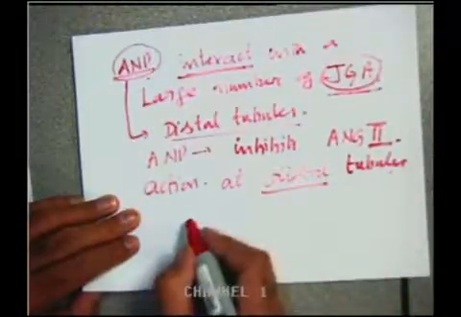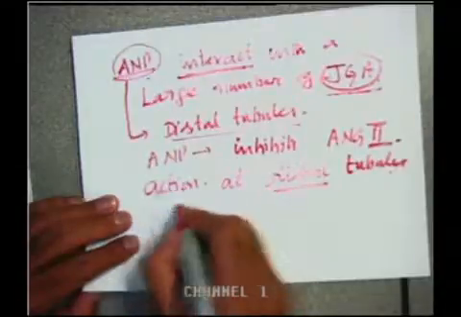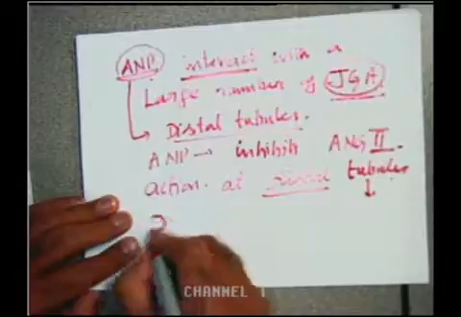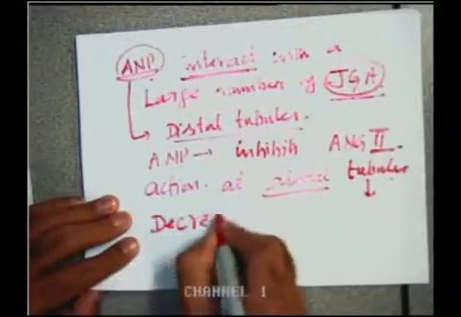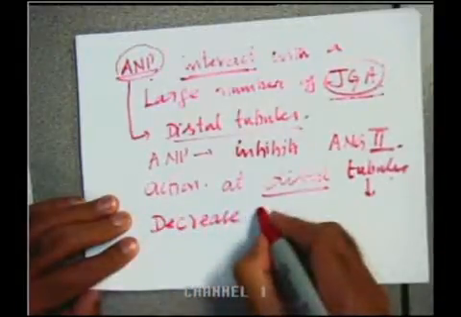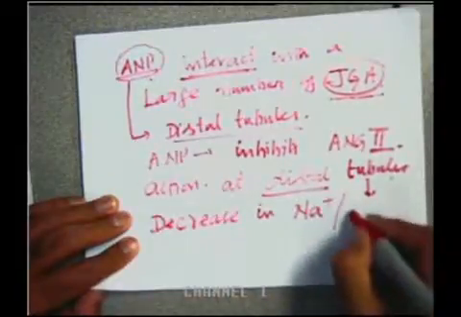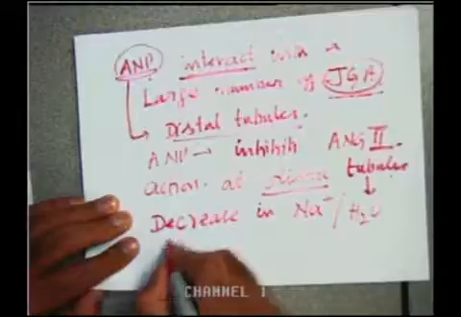When it inhibits the distal tubules, what will happen? That will lead to a decrease in sodium and water recovery.